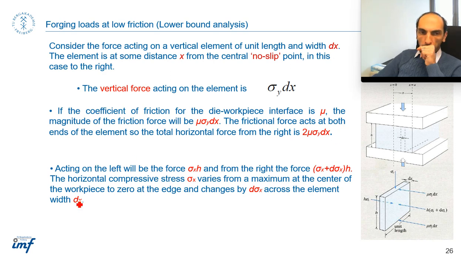For calculating the force on these two side planes on the right and left, you have sigma x multiplied by h, and sigma x plus d sigma x multiplied by h. Of course, we exclude the a here because all these terms should be multiplied by a, but it will be removed from both sides of the equation.